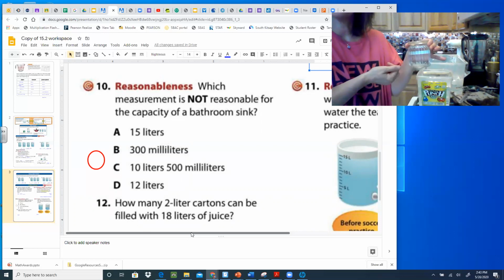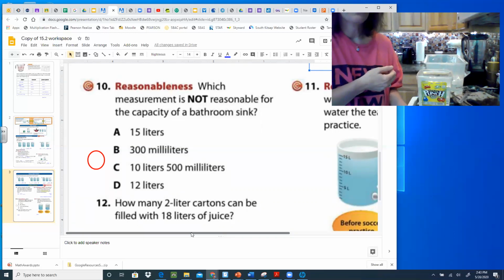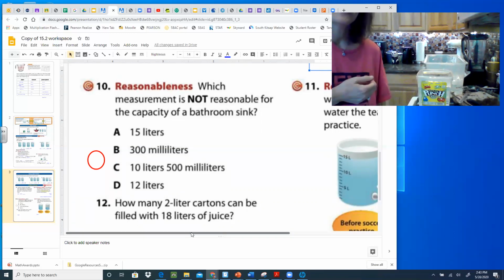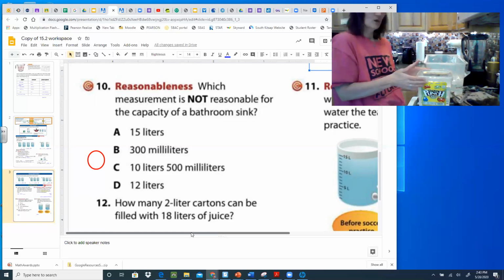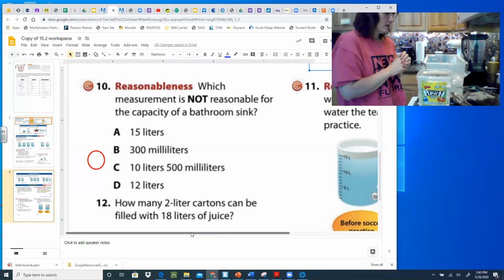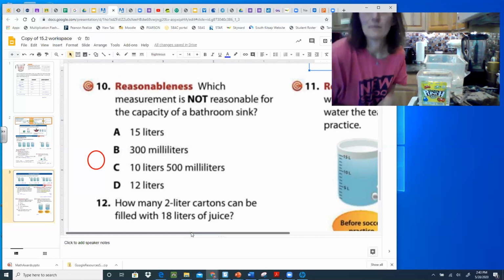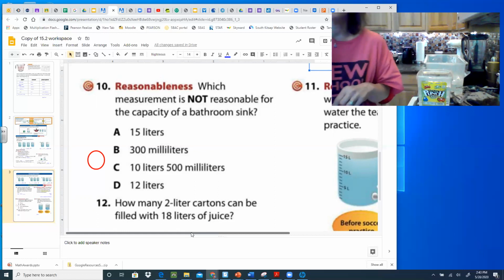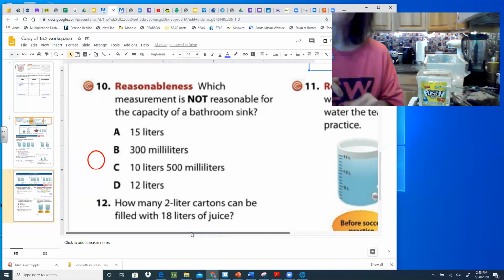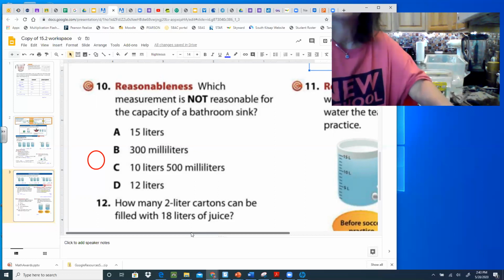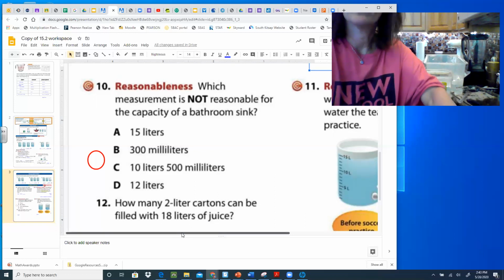Is that reasonable for a sink? 10 liters, 500 milliliters. Would it be reasonable for 2 of these for a bathroom sink? 12 liters. That would be between 2 of these and 3 of these. So one of them, it might be the bathroom sink for a mouse, but not a human.